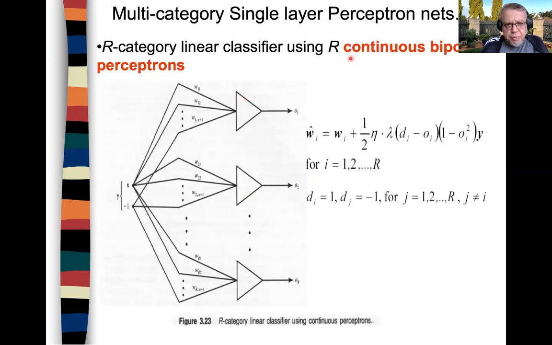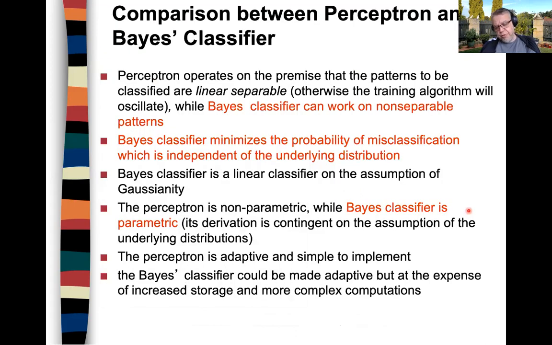If we have a continuous bipolar perceptron, where this is a bipolar sigmoid, then we've seen that the way to adjust the weights is given by this learning rule, and this is applied for all the threshold logic units, from 1 to R. And again, if we feed an input which belongs to class I, then the desired output should be 1 for that class and -1 for all the other ones. So the concept is the same.